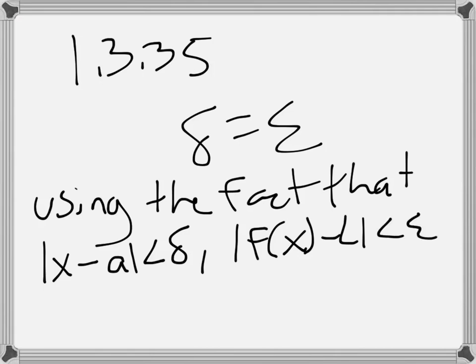And what I did is I went straight from x minus a is less than delta and constructed f of x minus L is less than epsilon. Another approach is to start with f of x minus L and just keep working at it, and then when you need it to become an inequality, you introduce your fact about x minus a being less than delta.